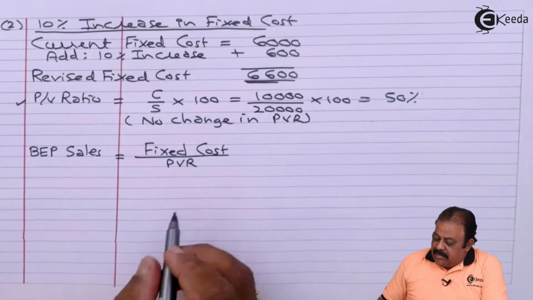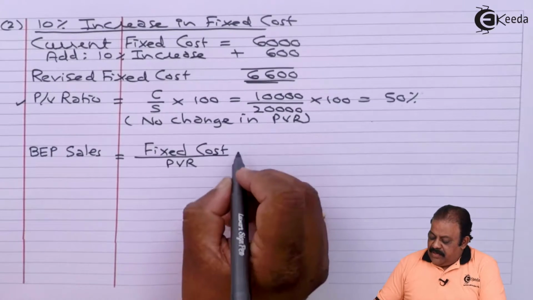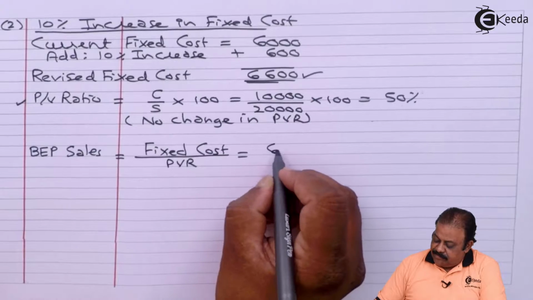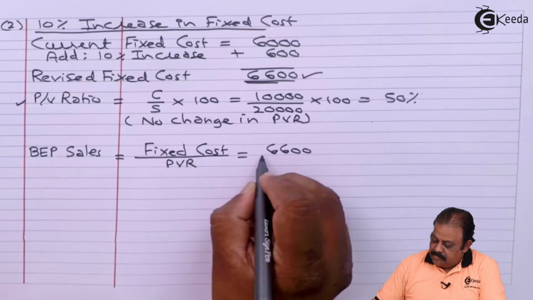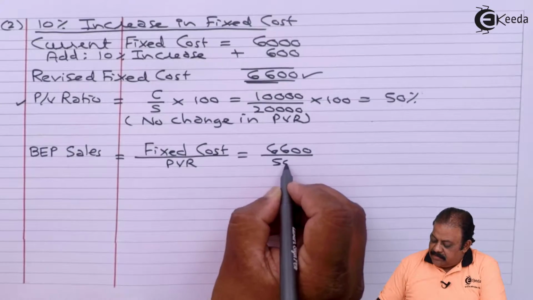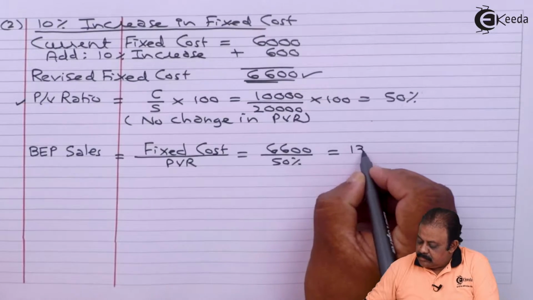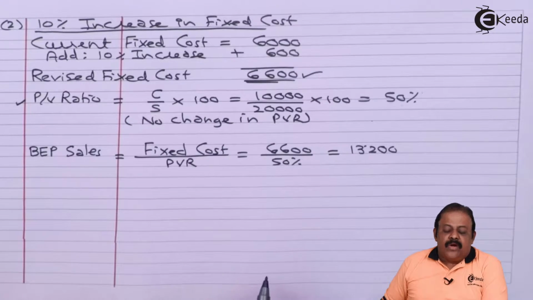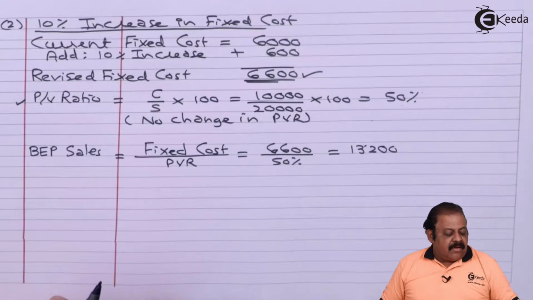Formula is fixed cost divided by PVR. Fixed cost we will be taking now as revised 6,600 divided by PVR 50%. So break-even point sales are 13,200.